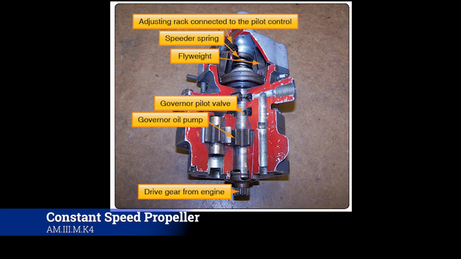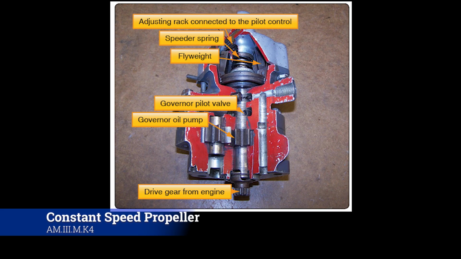So you can look at this governor and start to put together in your brain how it all will work. You have the adjusting rack connected to the pitch control. There's the speeder spring we were talking about that pushes a certain amount of pressure on those flyweights, and then you have the governor pilot valve that you can adjust to get the right level of manifold pressure that you want.